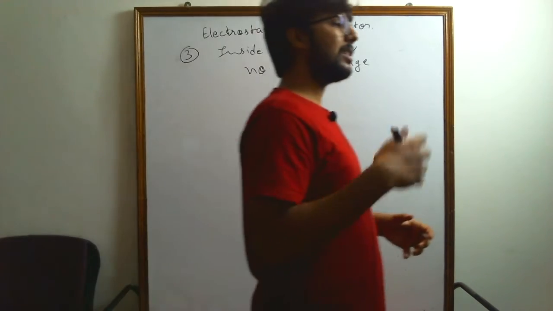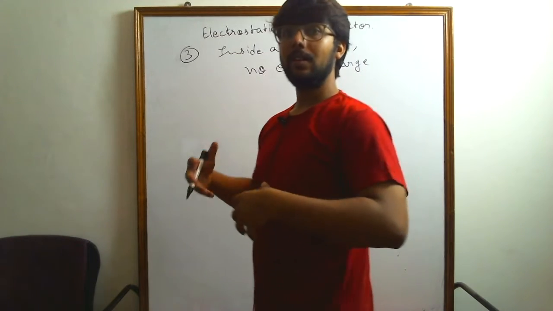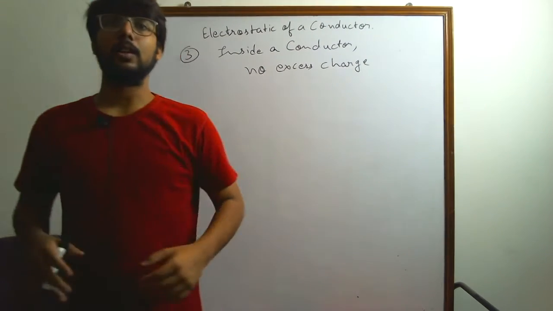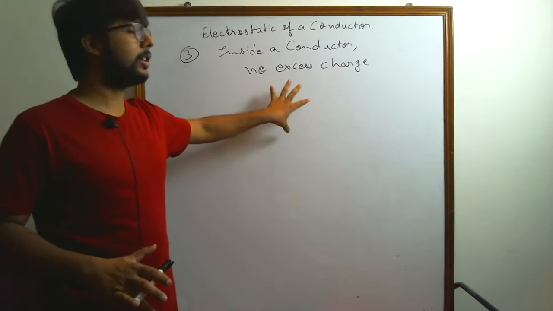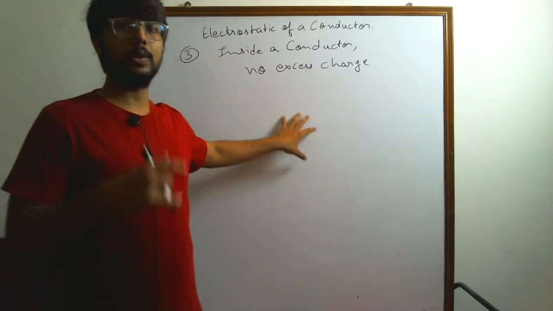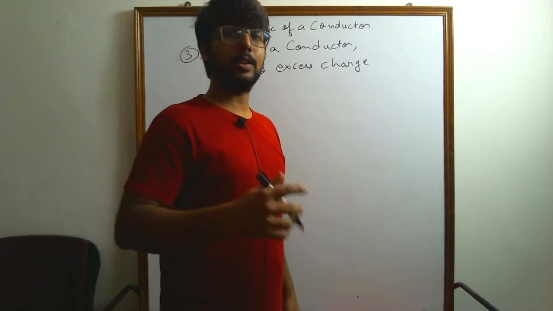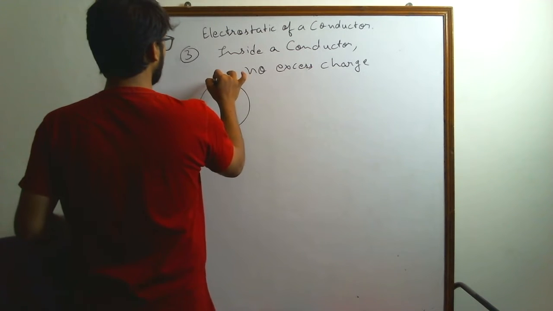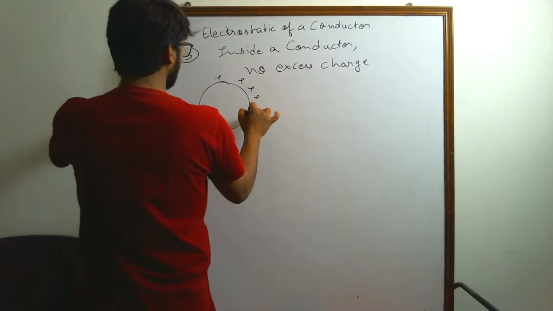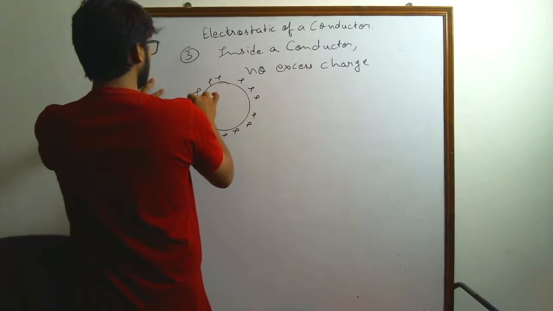Again, we do not see that happen in a conductor which is just there. We do not randomly see that a charge passes by, right? So we do not see it in a neutral conductor, and we do not see it in a charged conductor as well. So suppose I have a sphere which is charged, right? It's charged all through.